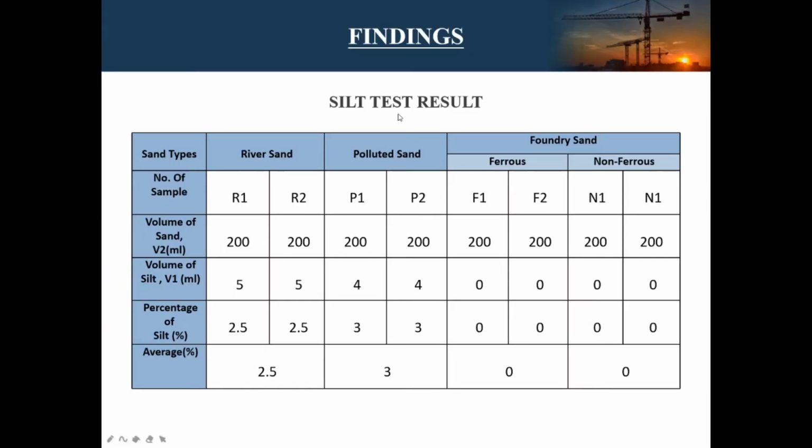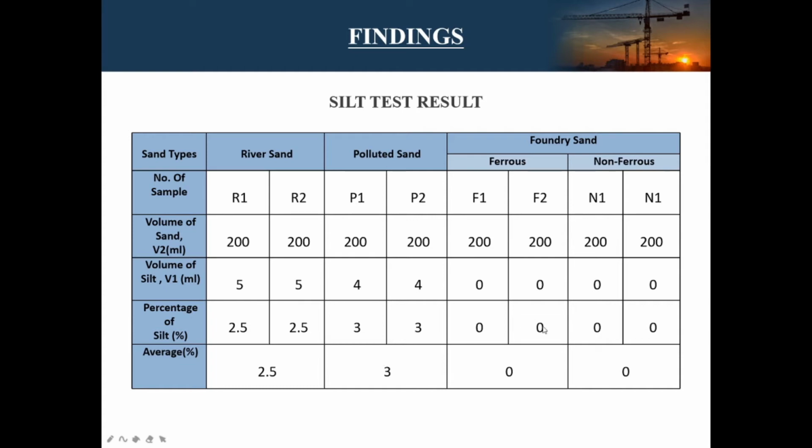So, the findings for the silt test result show 2.5% silt content for river sand, while the polluted sand has 3% silt content. So it shows that river sand and polluted sand do not have a large amount of silt content, more than 6%, which would cause a weakened bond of cement and sand.